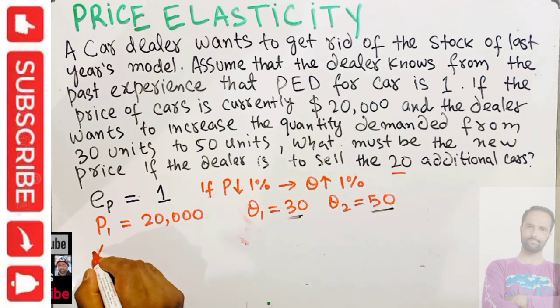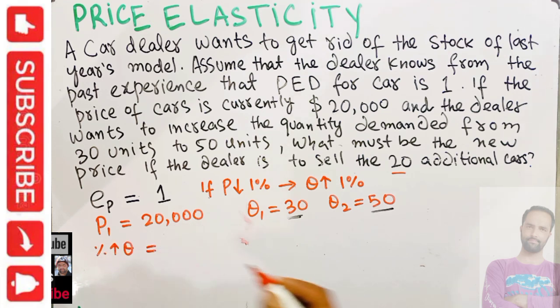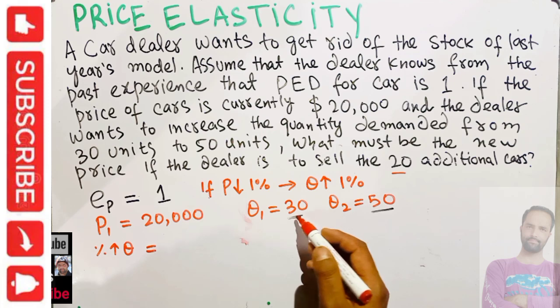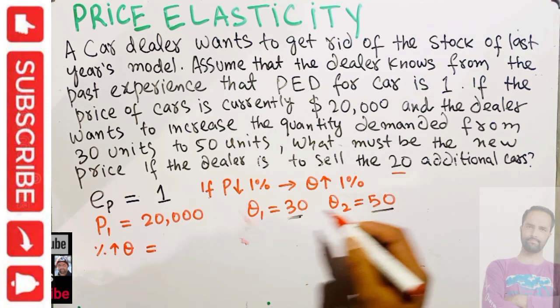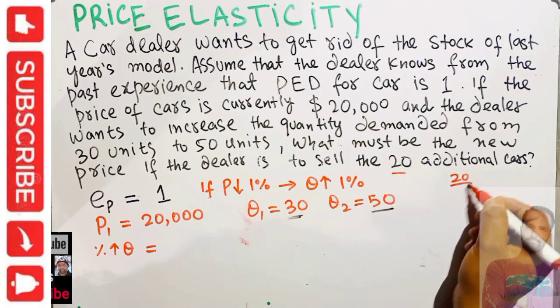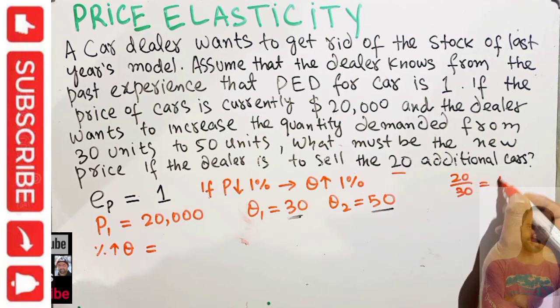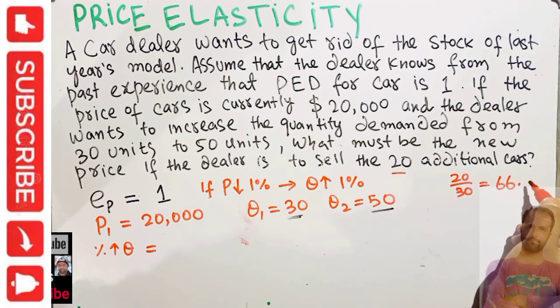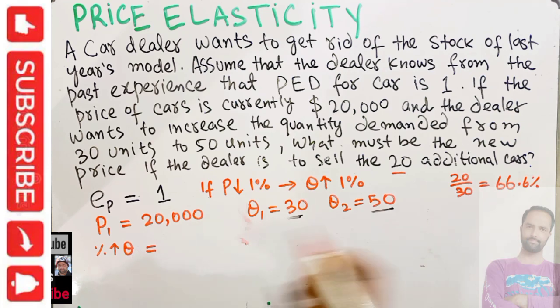The difference between these two is 50 minus 30, which is 20, divided by 30, which comes out to be 66.6%. So the percentage quantity increase in cars is 66.6%.